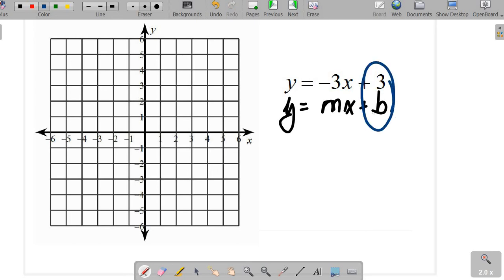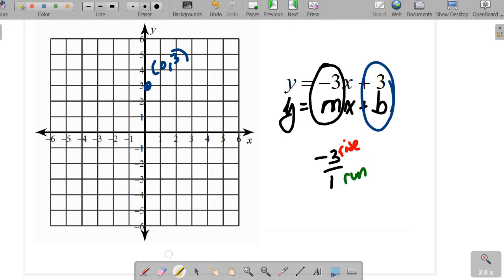Our y-intercept is 3, so my intercept is (0, 3). Now, very important, your slope. One, it's negative. Two, if it's a whole number, you always put it over 1. So it's rise over run. Now this time I know, because it's negative, that my line is going to be tilting downward from left to right.